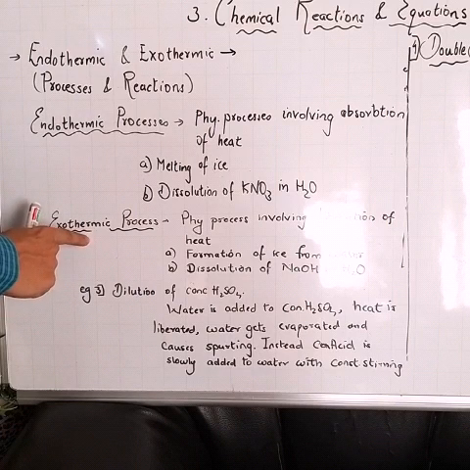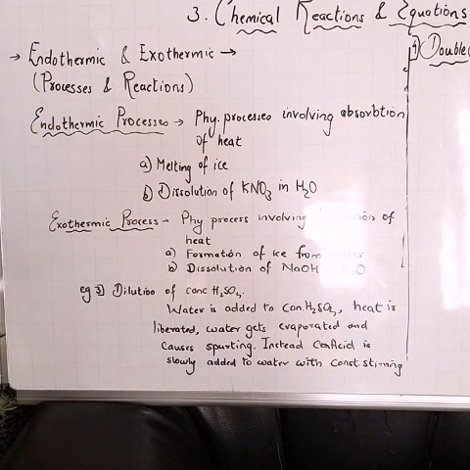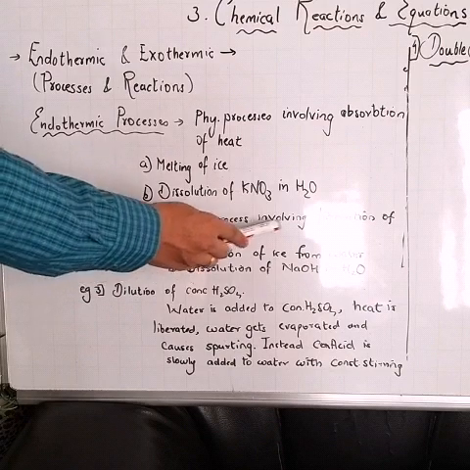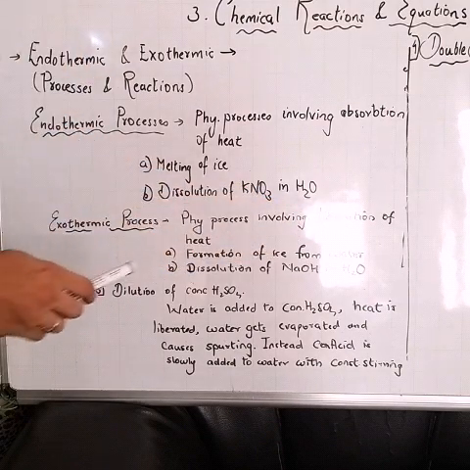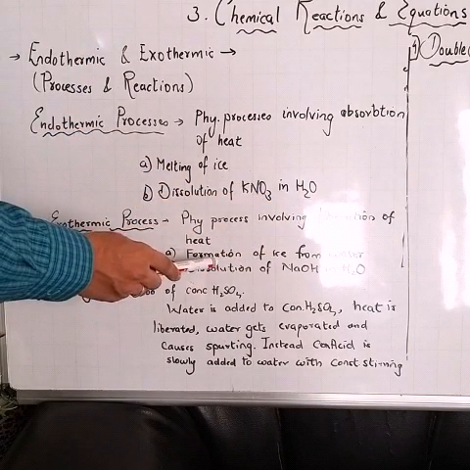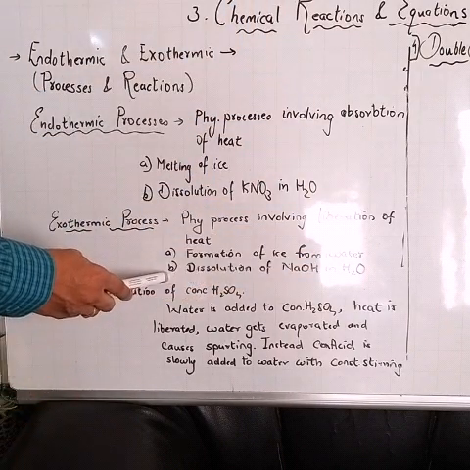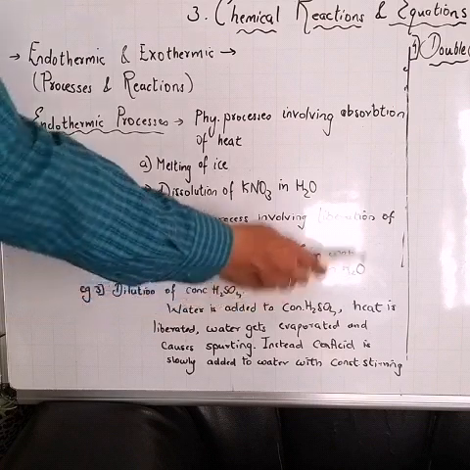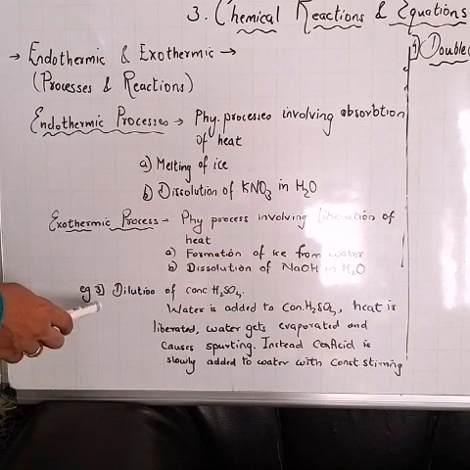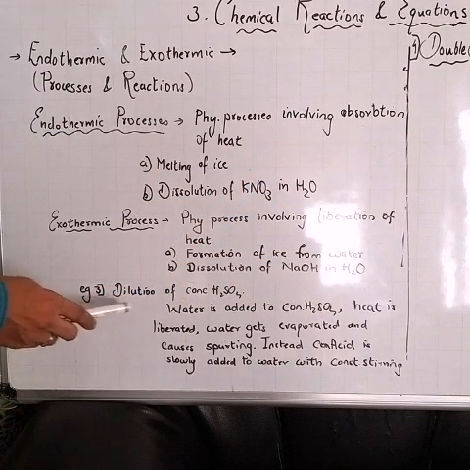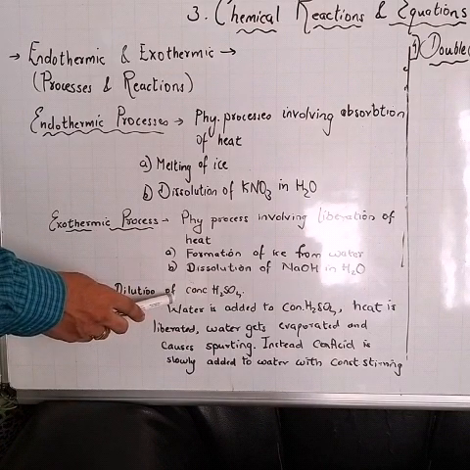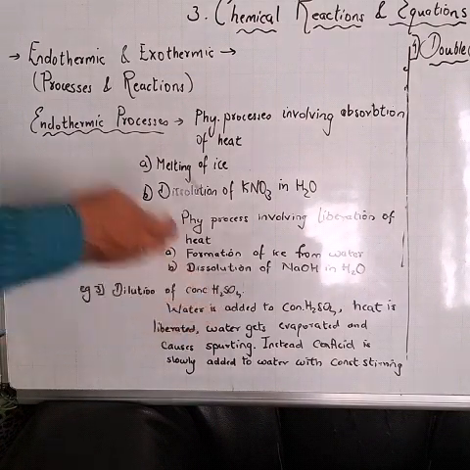Now for an exothermic process, what happens? It's a physical process involving liberation of heat. Example 1 is formation of ice from water. Second example, dissolution of NaOH in water. Third example is dilution of concentrated sulfuric acid.